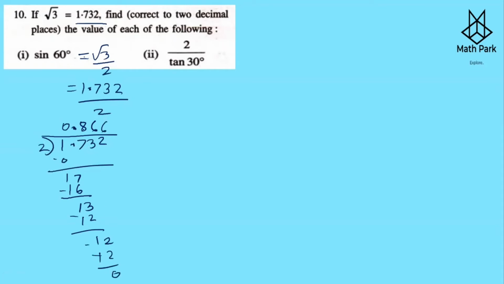Now when we round off 0.866 to 2 decimal places, we get sine 60 as 0.87.